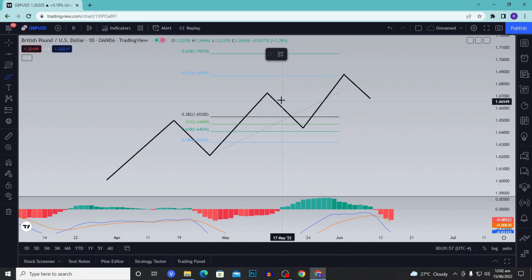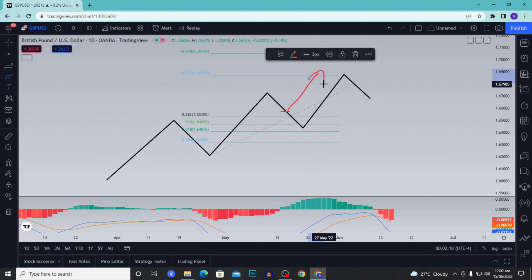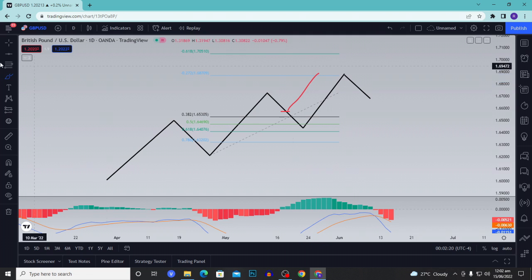And if price fails to fall back to at least the 0.382 point, like let's say price dropped down to right above here before going back up, we do not take the trade.